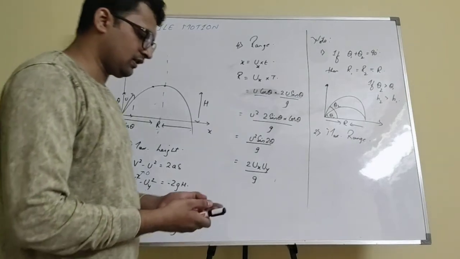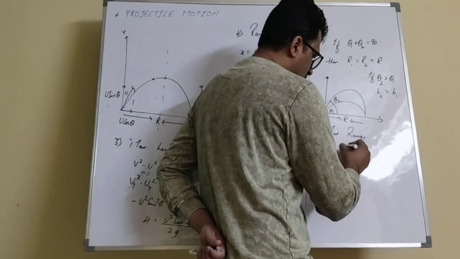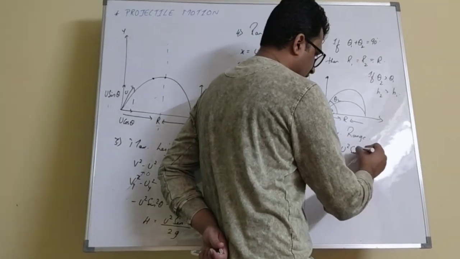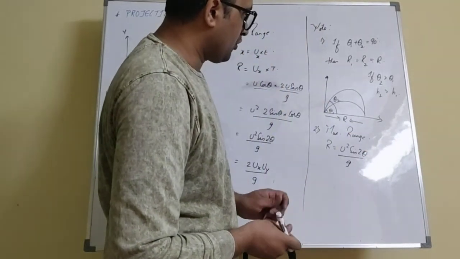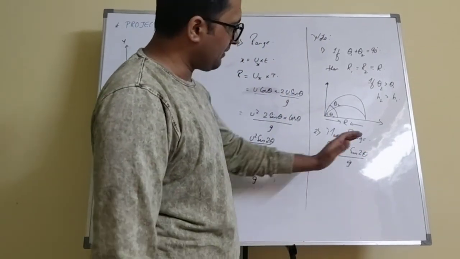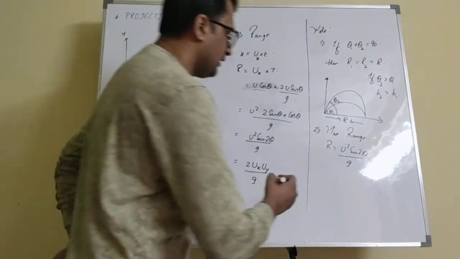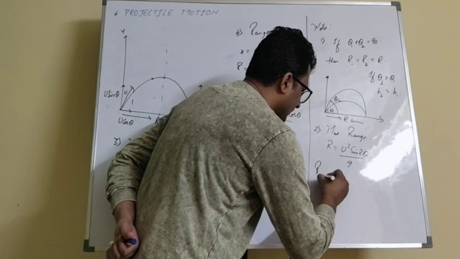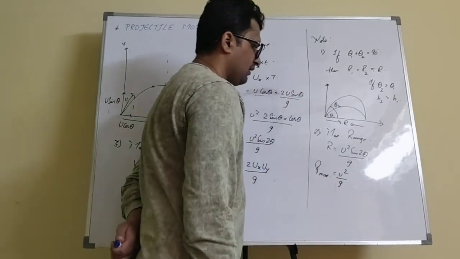So you will think that this range is given by u square sine 2 theta divided by g. If I want to maximize range, then I can maximize the sine 2 theta. So our maximum will be u square divided by g.